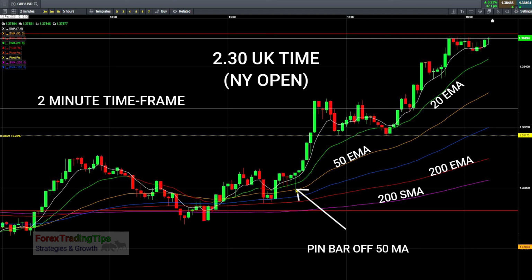Here we are, coming up off the 50, everything's fanning out. We've got a tightening up here of the moving averages as the T line moves up through them. There's a little bit of a pin bar there, so you might want to go then. It's a little early though, you really want a pullback, and then a bigger green candle as you've got here, and then look at this pin bar.